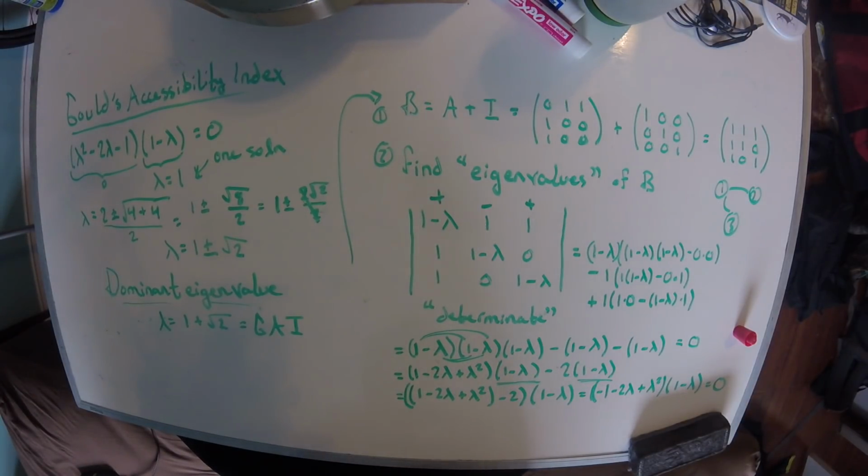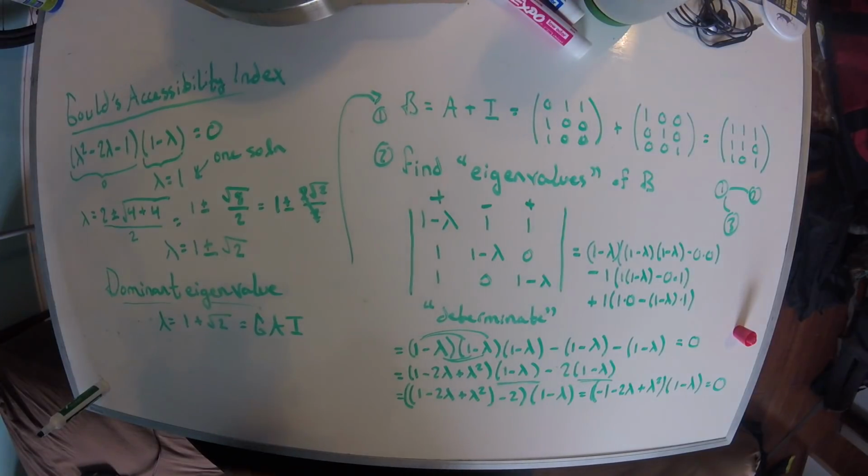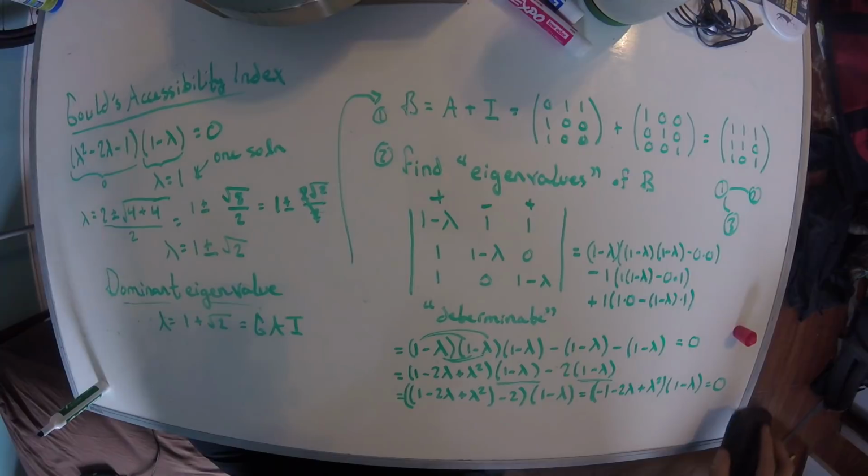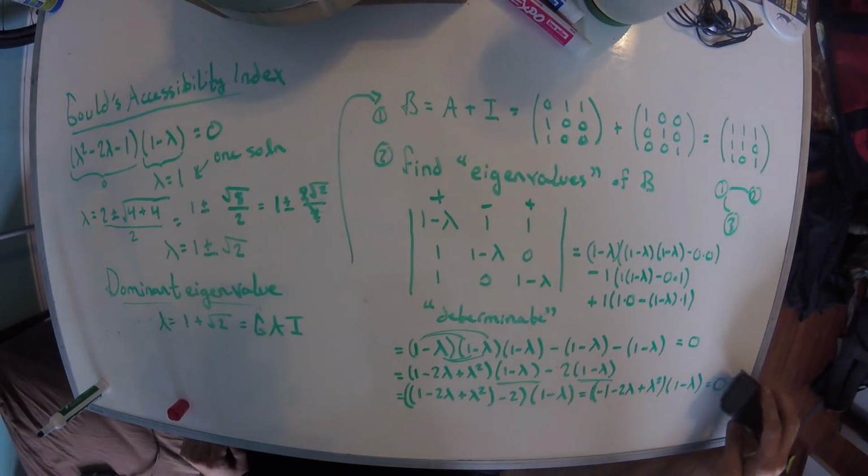But I want to just set up the way that we would find the individual accessibilities of each node in the network. And so the way we do that is as follows, and I won't actually do it, but I'll set it up.